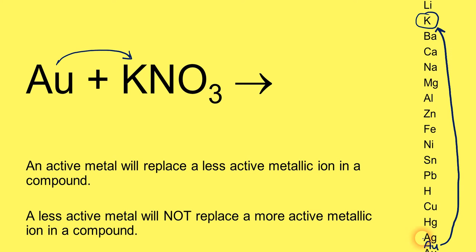No. I mean, gold is just too low. It's too low of an activity. It just can't do that. So the answer to this one is going to be no reaction. Now, potassium could kick out gold, but it doesn't go the other way. Gold cannot kick out potassium.